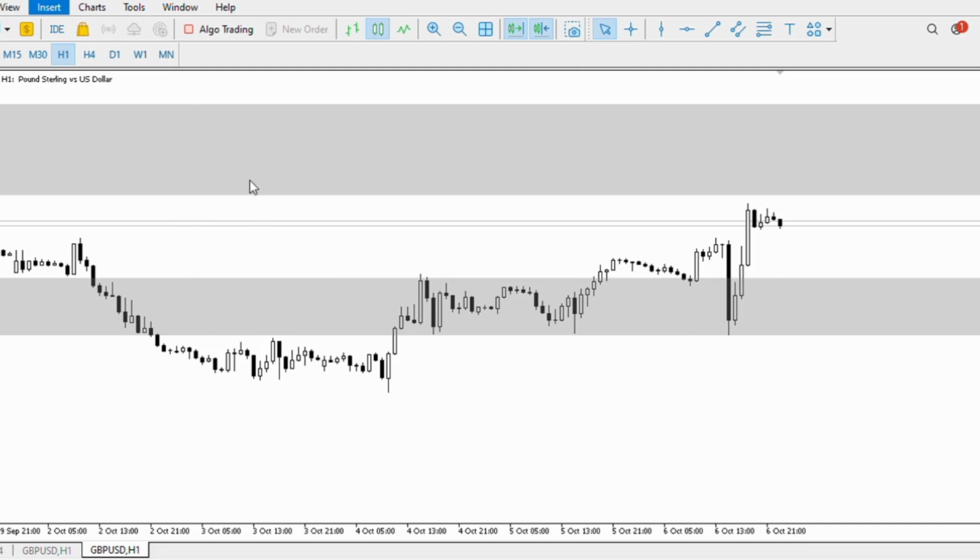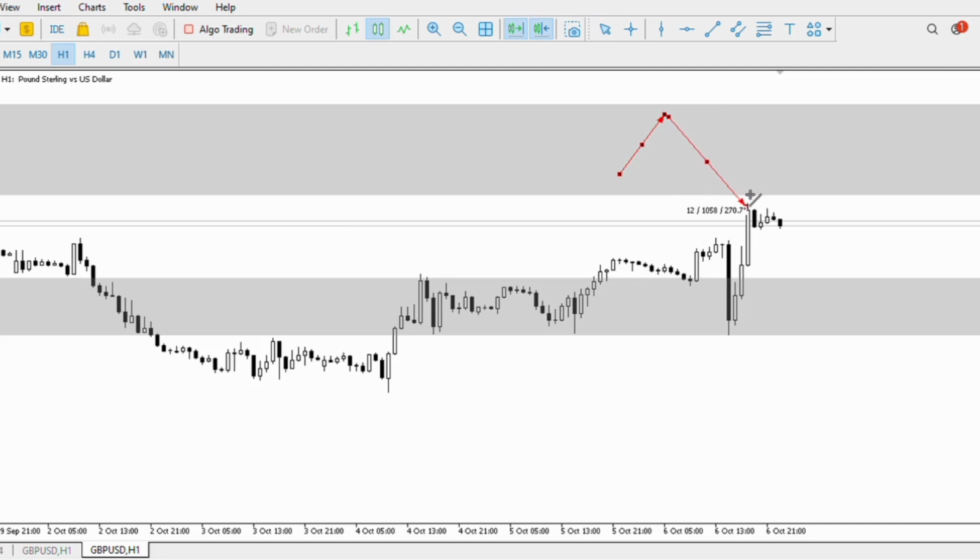So a change of character in essence is simply when we have something like this. Let's say price goes all the way up like this, and then after a while we have something like this right here. So price goes up and we're having something like this.